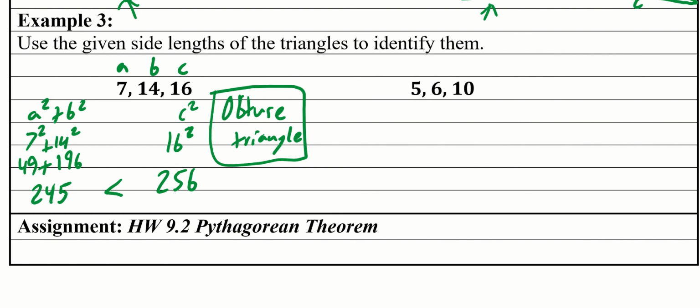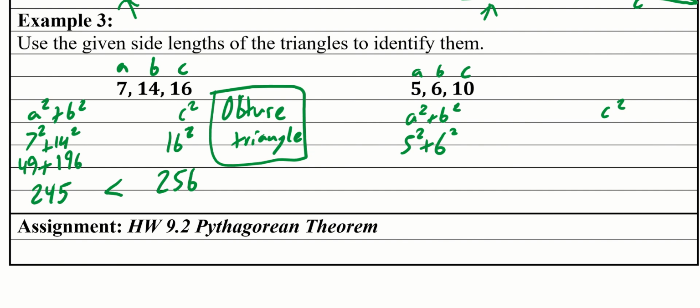We have 5 squared plus 6 squared, or let me write this out first. I'll say a squared, b squared, and c squared. A squared plus b squared over here, c squared over here, and then we'll see which one comes out to be larger. So right here, we have a squared, or in other words, 5 squared plus b squared, or 6 squared.